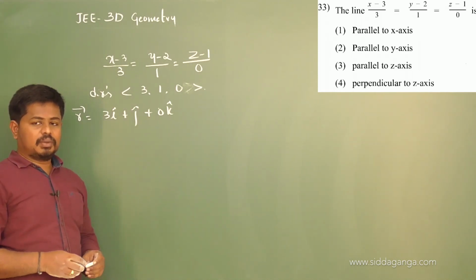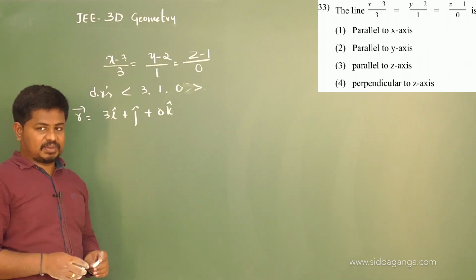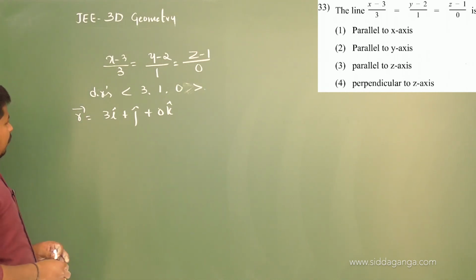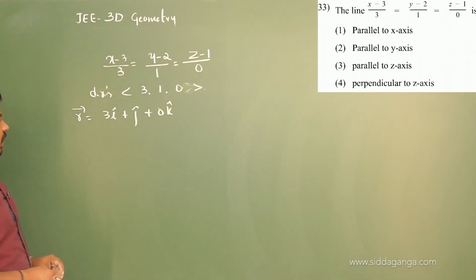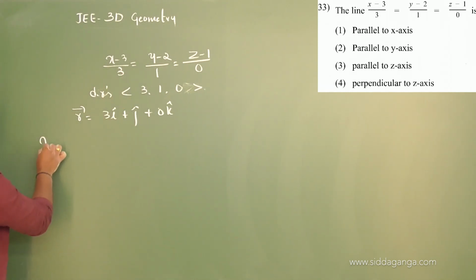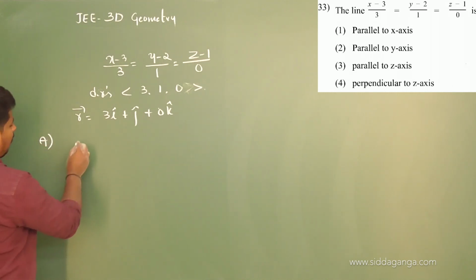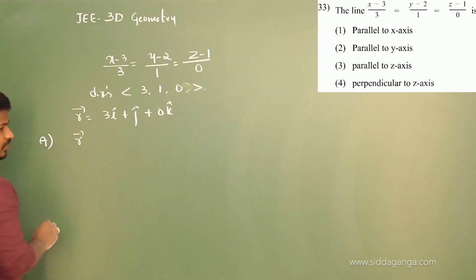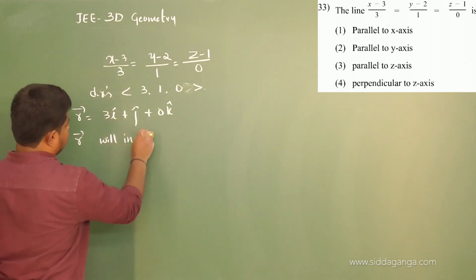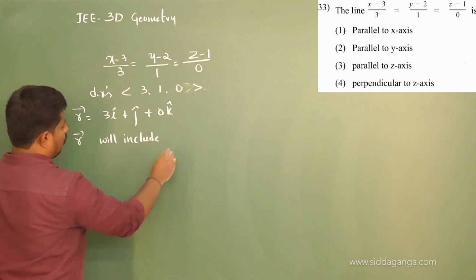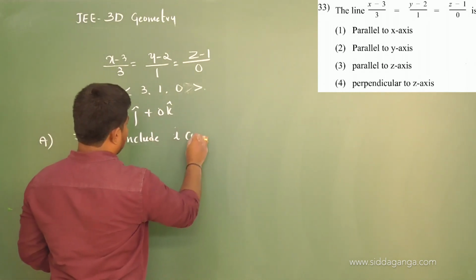Now look into the first option, that is parallel to x axis. When this is parallel to x axis, what happens? In the first case, this vector will include the i component only.